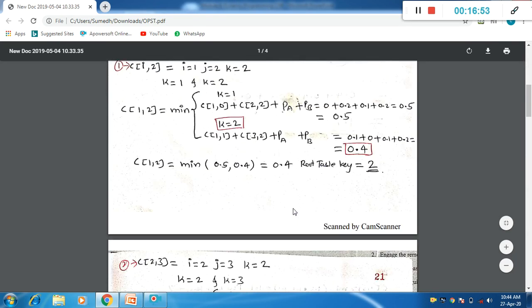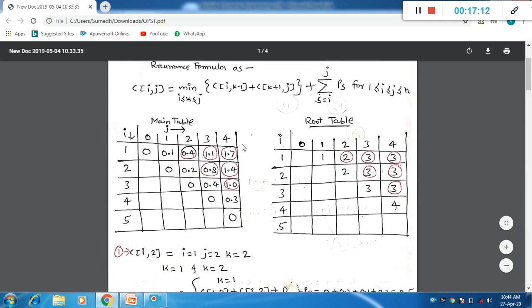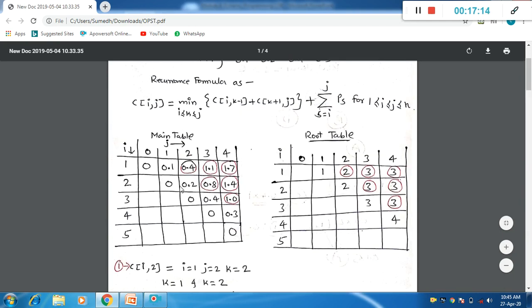Then here in this example, I value is equal to 2 and j value is equal to 3. Then you have to calculate the minimum value to the position c of 2 by 3 is equal to minimum of c of 2 comma 1 plus c of 3 by 3 plus probability of B plus probability of C. The value of 2 by 1 is 0.